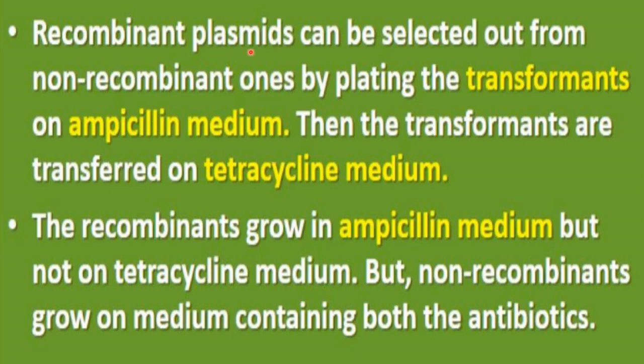Now, recombinant plasmids can be selected out from non-recombinant ones by plating the transformants on ampicillin medium. We have discussed that selectable markers are used for selecting transformants from non-transformants, right? But we also need to select recombinants from non-recombinants, because we need only the recombinant ones, since only those have the useful gene for us.